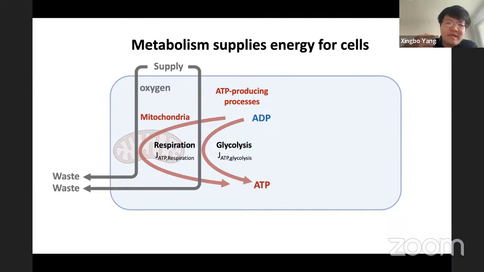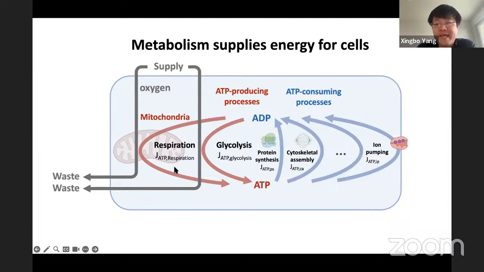One glucose can produce two pyruvates, and this pyruvate will be a substrate that can go into mitochondria and will be eventually oxidized into carbon dioxide, and that would produce ATP. There's another very important ATP production pathway.